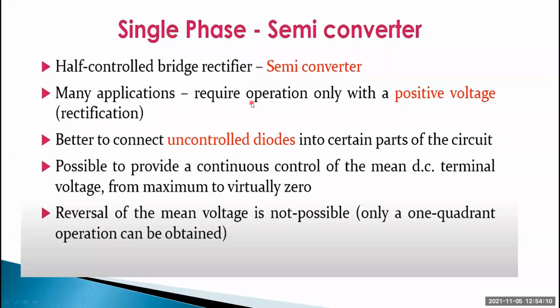Many applications require operation only with positive voltage. In a semiconverter, the output voltage is always positive, which means it is applicable only for motoring applications, not for generating applications, only for motors. Single phase semiconverter output voltage and current are always positive.